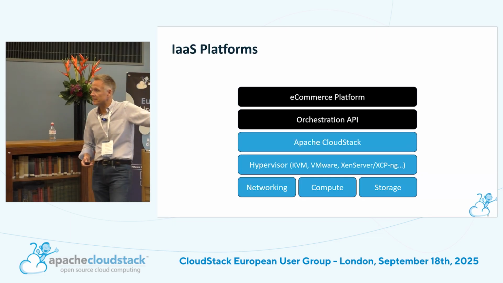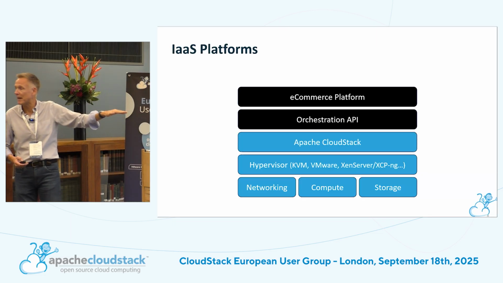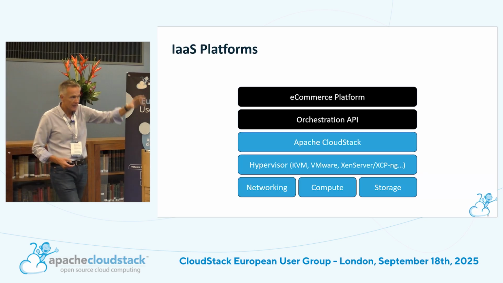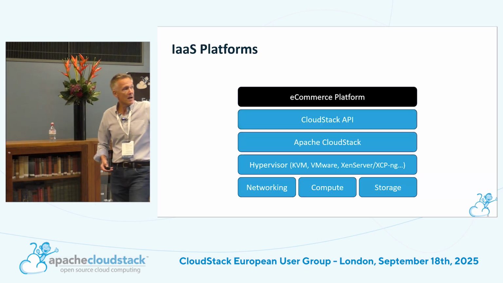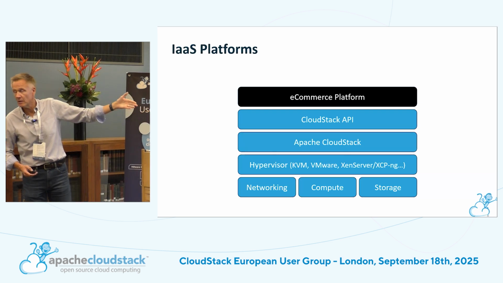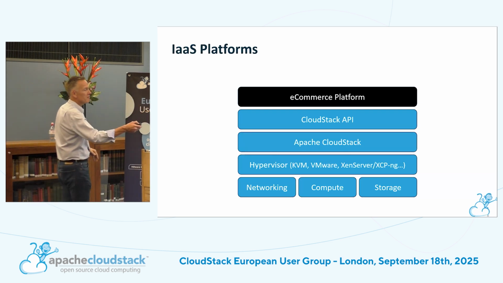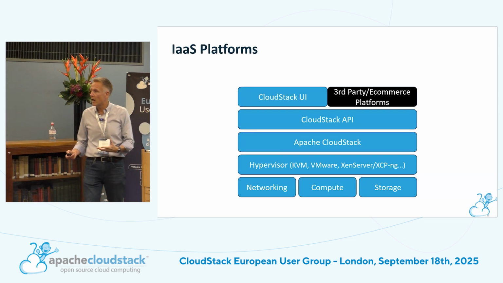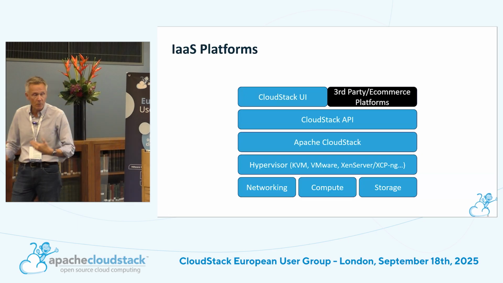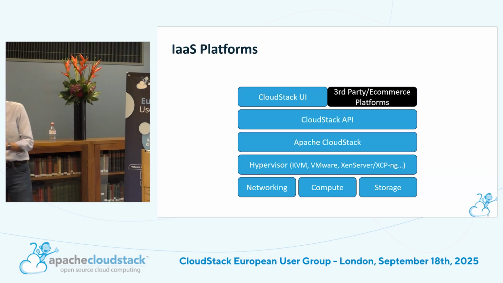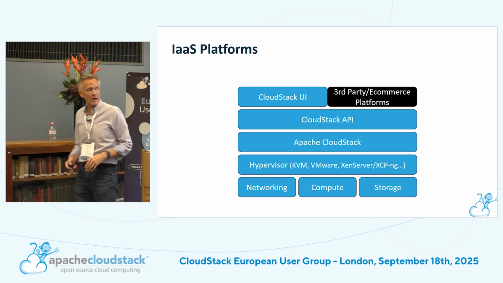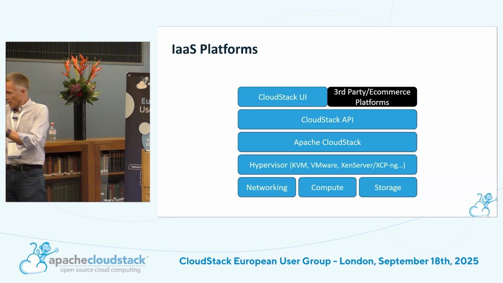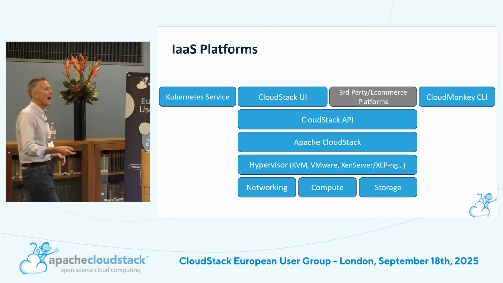That's where Apache CloudStack sits. Apache CloudStack is a cloud management platform, sitting there orchestrating everything below it. It's got its own very rich API. And then on the top, everyone's familiar with the Amazon e-commerce platform. Above CloudStack, you've got the UI, which is fantastic, which you can expose to end users, and they can self-manage and self-service their own tenancy.